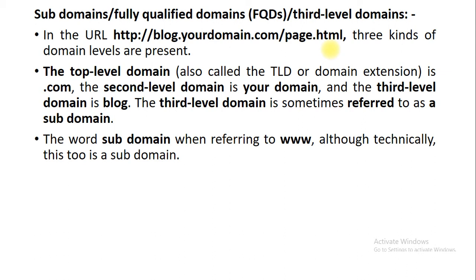With the help of the top level domain, you are able to tell for which purpose this particular website is created, right? .com stands for commercial purpose. Suppose you apply .edu, at that time that particular website is developed for educational purpose. So from the top level domain, you are easily able to tell for which purpose the website has been developed.